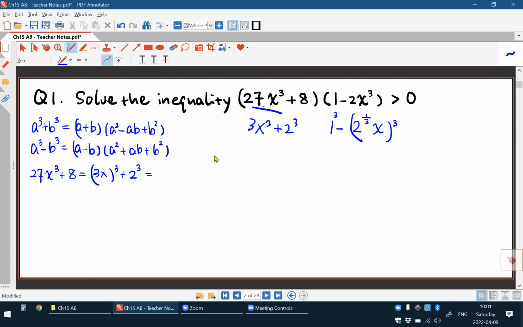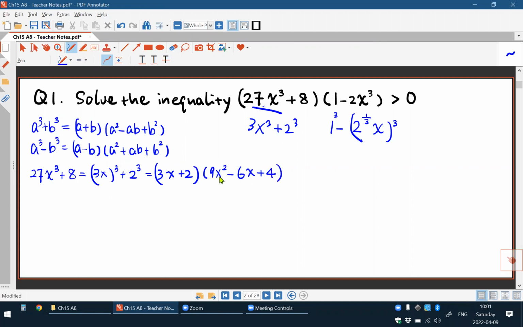Okay, so the first part can be factored to 3x plus 2 times 9x squared minus 6x plus 4, right?